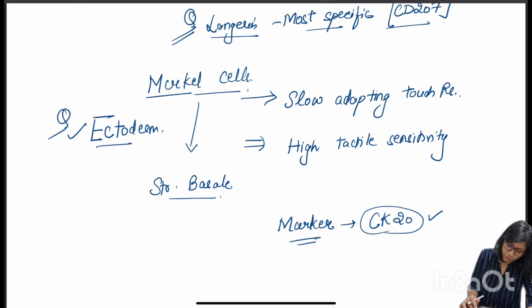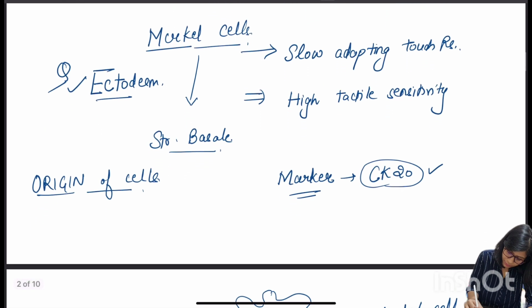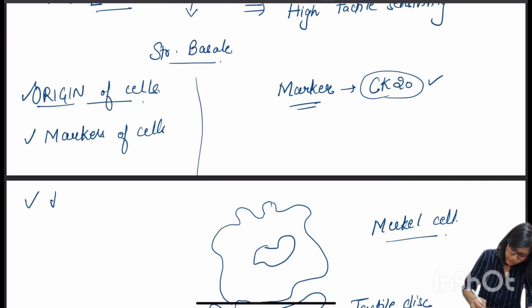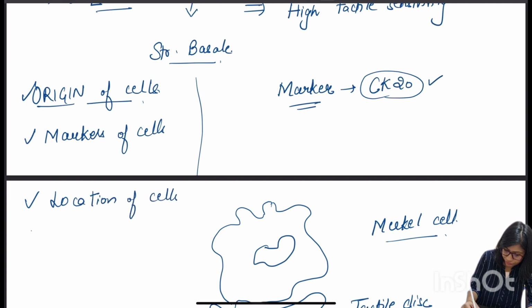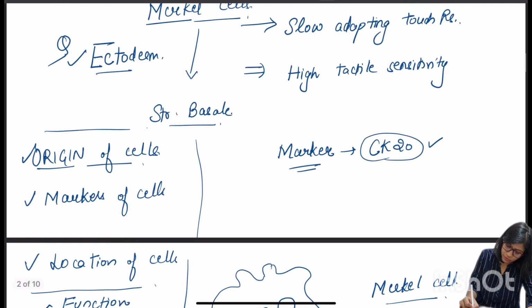Many times questions come from this, like origin of various cells. We have already covered, right? What are the markers for particular cells? Third question is location of these cells. And another question that can be asked is function of these cells. We have broadly covered all the topics, right?